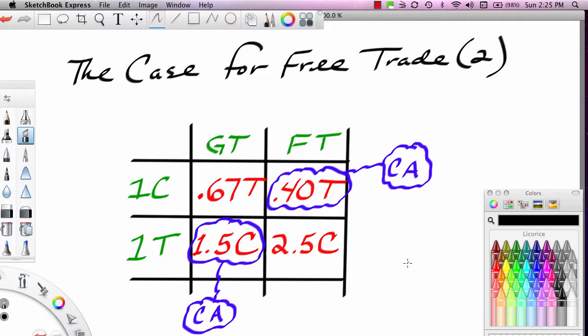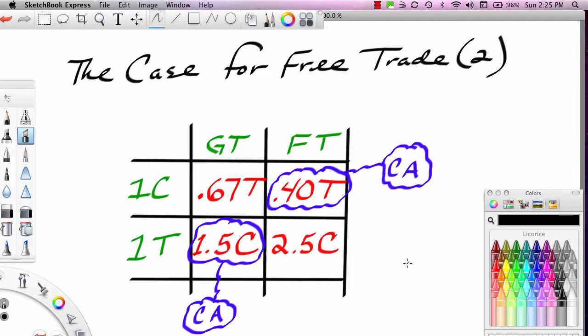On the other hand, when it comes to tomatoes, Green Thumb has the comparative advantage because she produces a bushel of tomatoes at a lower opportunity cost, 1.5 corn, than does Five Thumb. So as we see in this table, each of the producers has a comparative advantage in one of the products.